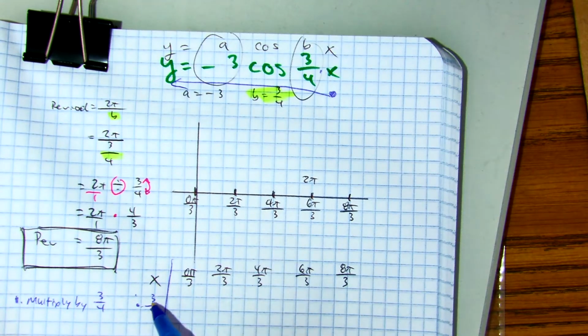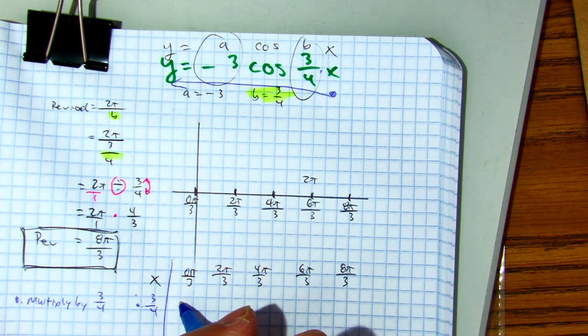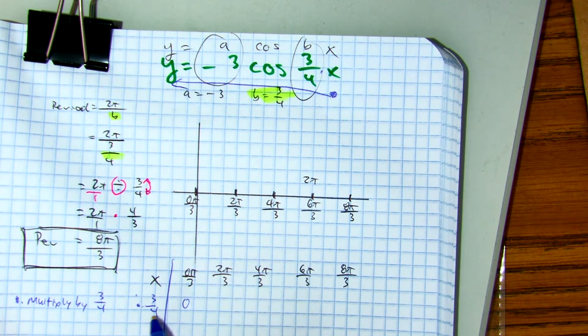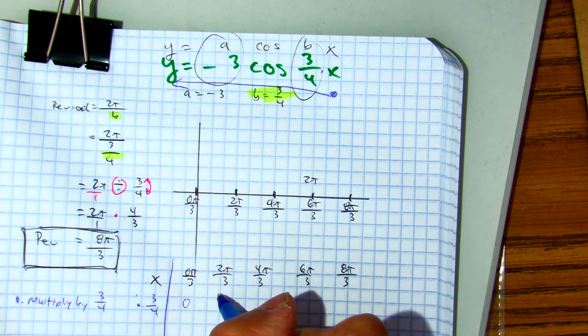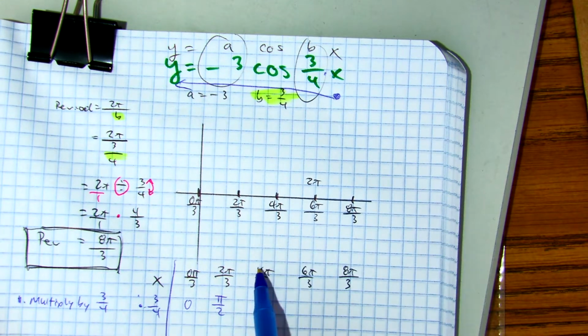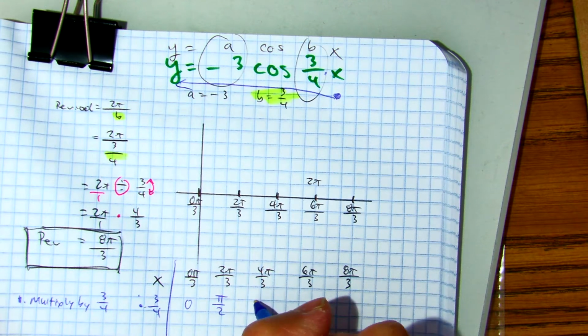Class, 3/4 times this? 0. 3 times 2? 6. 4 times 3? And 6 divided by 12? 1/2, or pi over 2. 3 times 4? 4 times 3? 12 divided by 12 is pi.